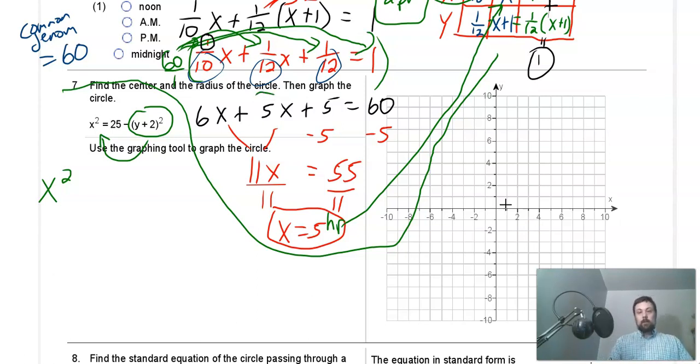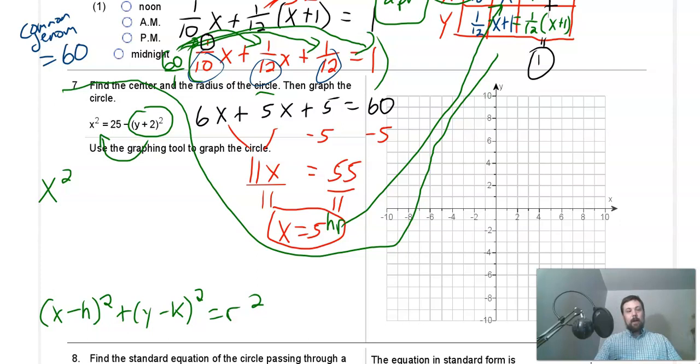And the equation of a circle, which you need to know for the test, is x minus h squared plus y minus k squared equals r squared. It's the Pythagorean theorem, a squared plus b squared equals c squared, just with special customized notation that applies to circles. That means having x and y on the same side of the equation.